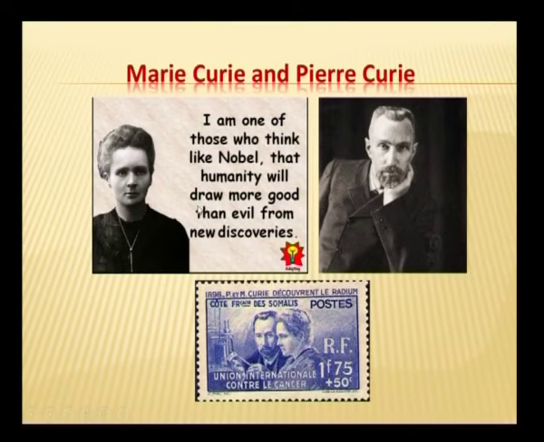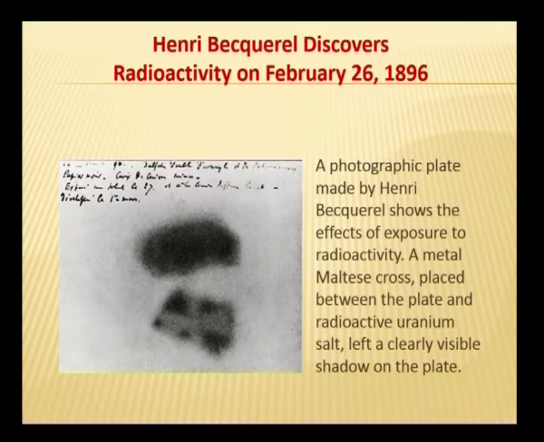Here are Pierre Curie and Madame Curie, husband and wife, who along with Henry Becquerel share the first Nobel Prize. As I told you at the beginning, it is an important thing in the history of physics, namely the discovery of X-rays by Röntgen, and it is a very interesting thing.